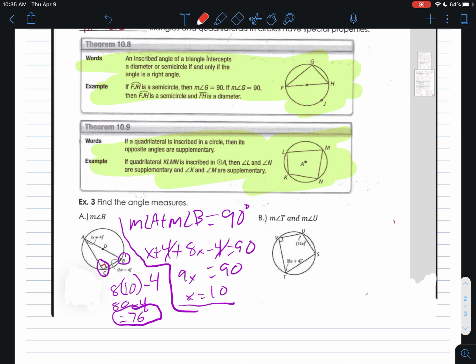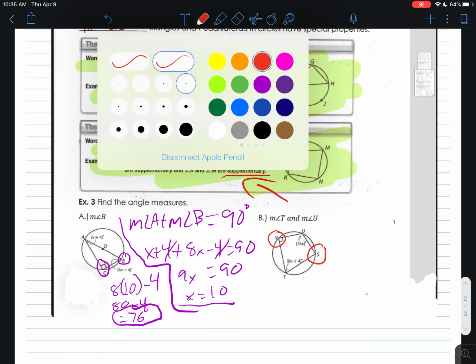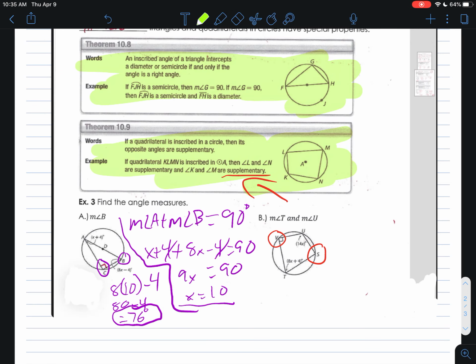So one important thing to understand, and it's mentioned in this theorem right here, is that these opposite angles right here, they actually equal 180 because they're supplementary. So that means that these two also have to equal 180.